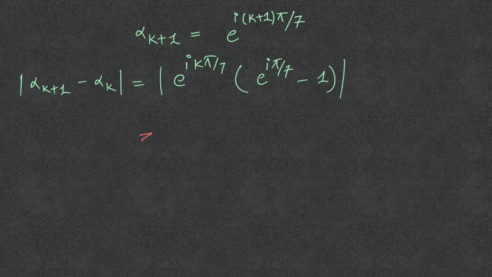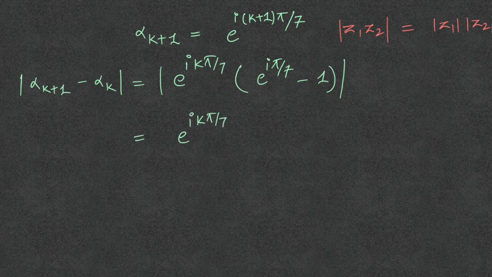Since we know that mod of z1 into z2 is equal to mod z1 into mod z2, applying this property here, we get mod of e to the power iota k pi by 7 into mod of e to the power iota pi by 7 minus 1.